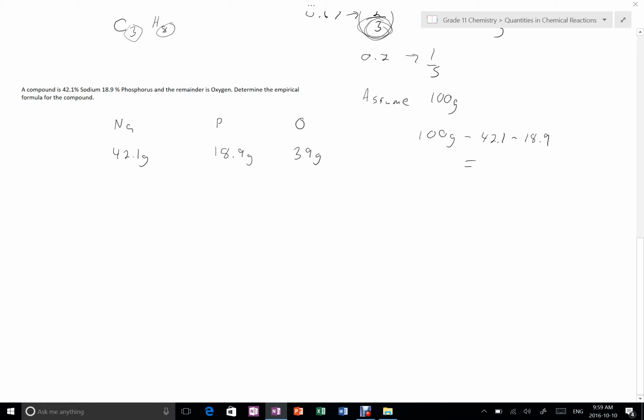Now I'm going to divide each of these by their molar masses. So this one, that's a mass. So I'm going to divide by the molar mass to get into a number of particles. So that's 23 grams per mole. 18.9 phosphorus is 31 grams per mole.